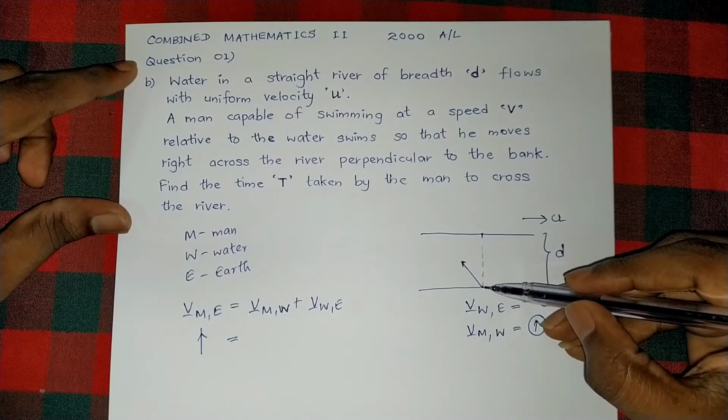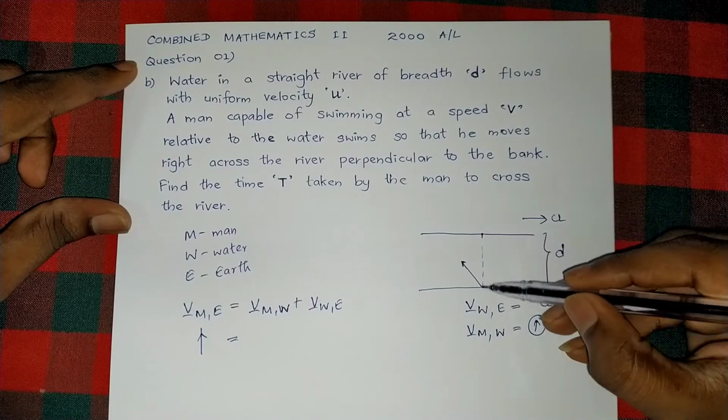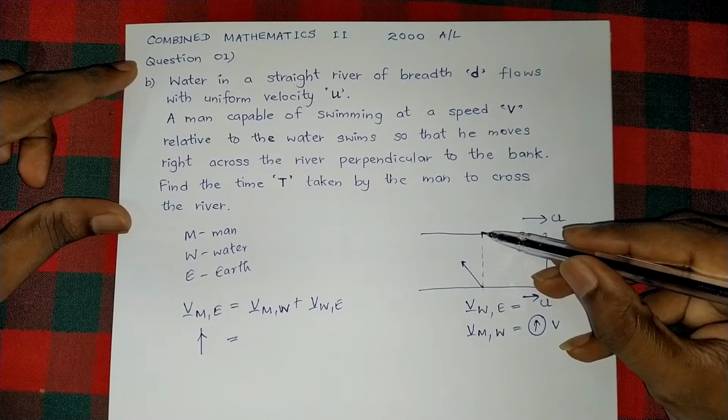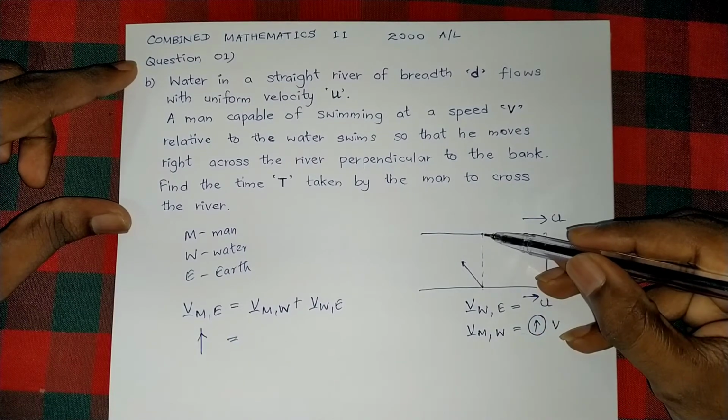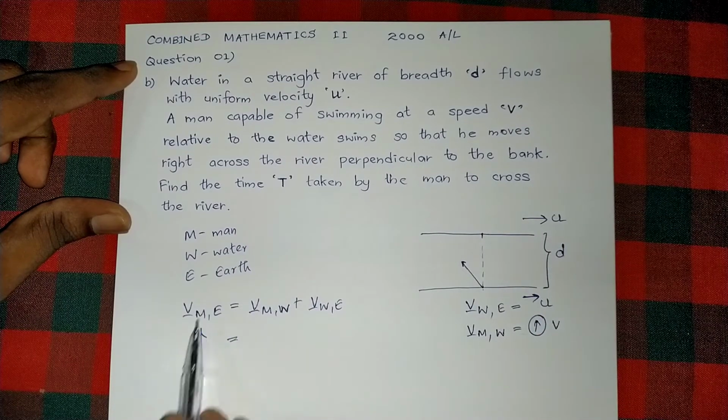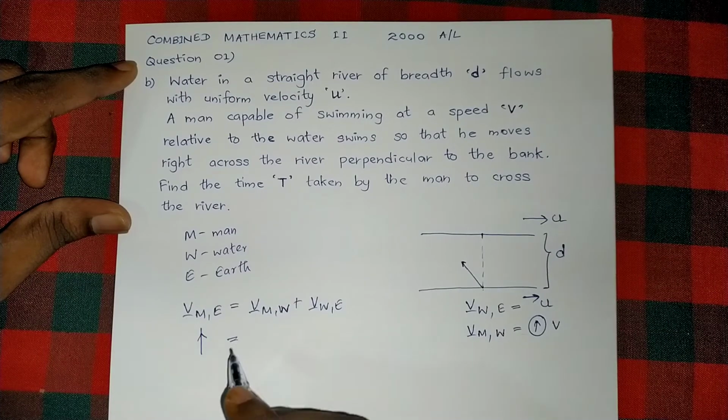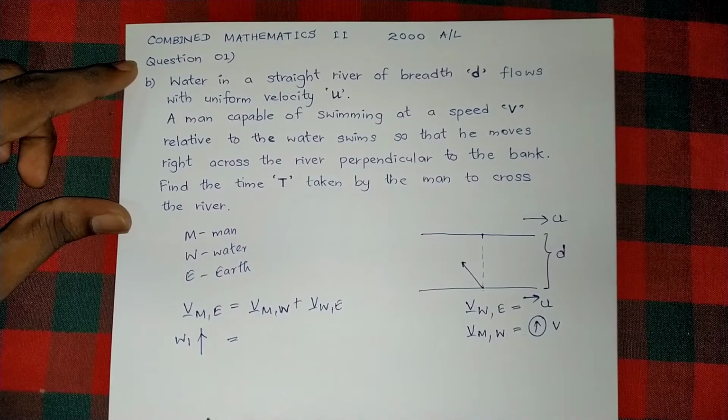Finally, this person must reach a perpendicular location on the opposite bank. So the direction is vertical, but we don't know the velocity. I will label that as W1.